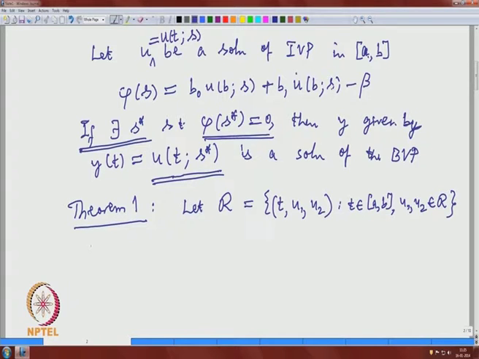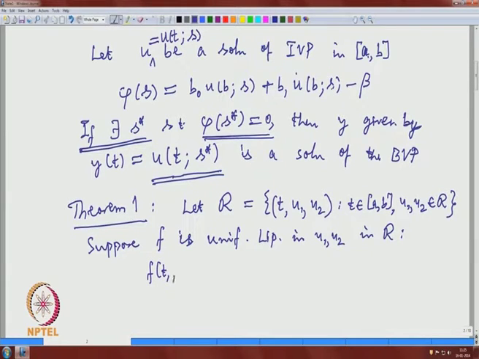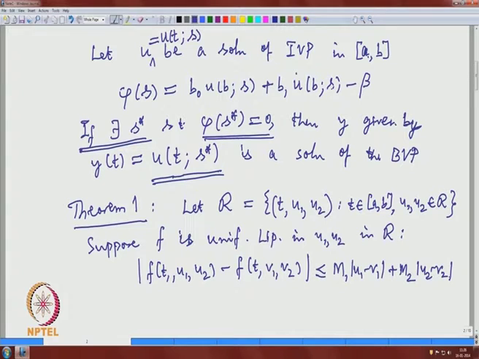Suppose f is uniformly Lipschitz in u1, u2 variables in R. Last time I stated that, let me just state it one more time: the absolute value of f of t, u1, u2 minus f of t, v1, v2 is less than or equal to some M1 times the absolute value of u1 minus v1 plus M2 times the absolute value of u2 minus v2.